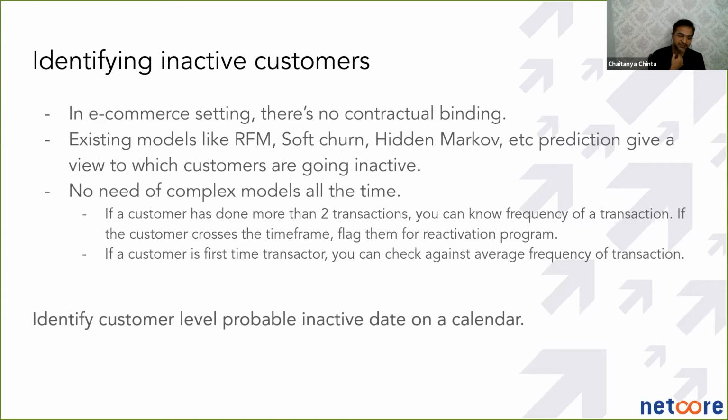Like, if a customer does not do a transaction in the next 15 days, I would tag him as inactive. So at least that kind of understanding is something that we need to get per customer level. This is extremely important to get started: identifying the right set of customers who are going to turn inactive.